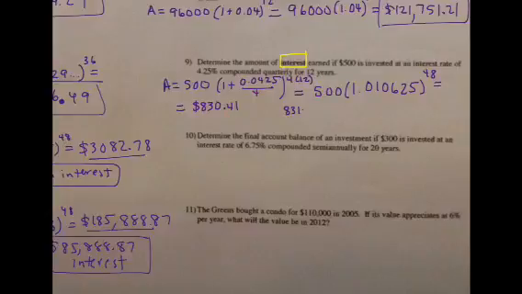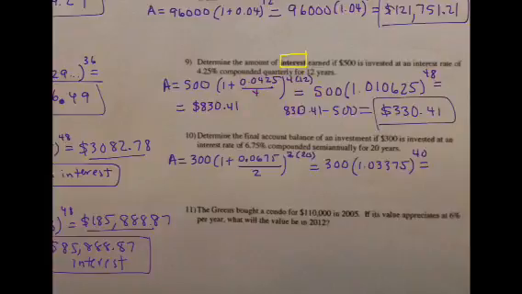Now they want the interest, so now I'm going to subtract 500 from 830.41. So we get $330.41 as interest.